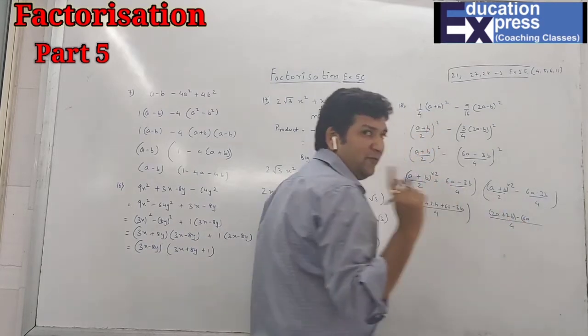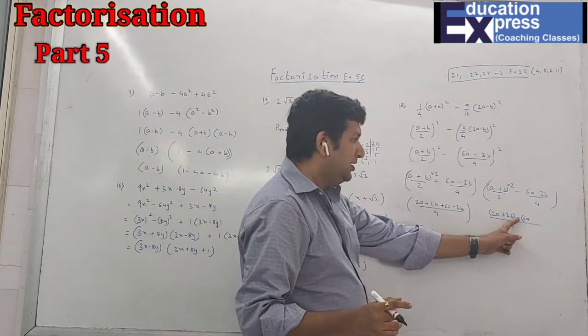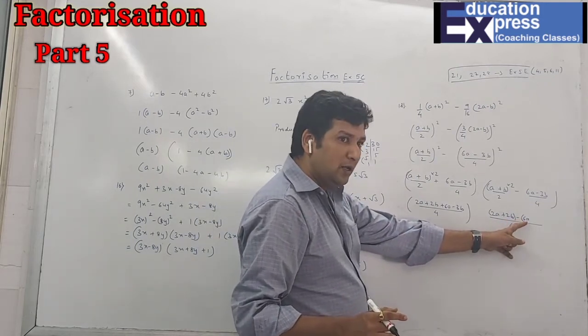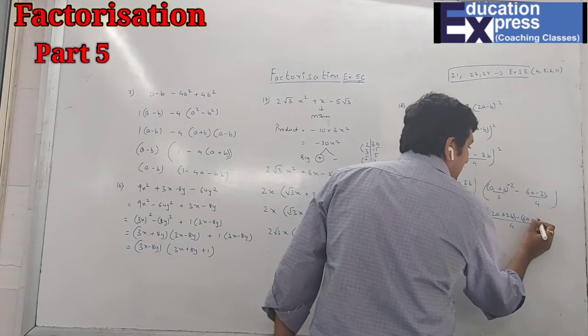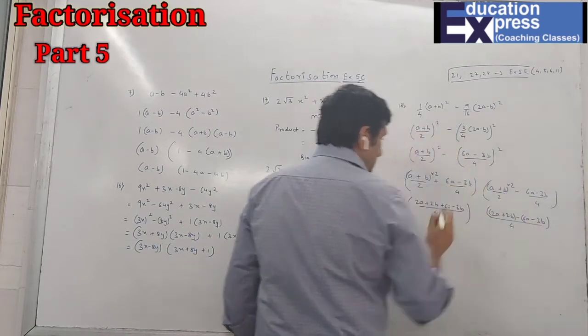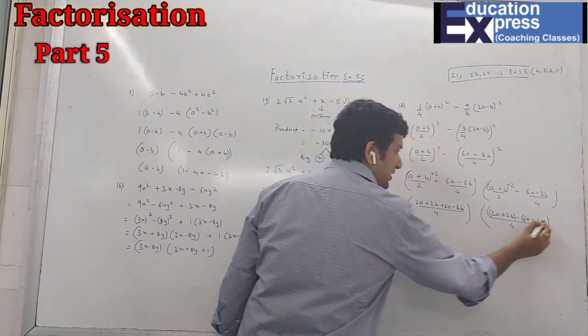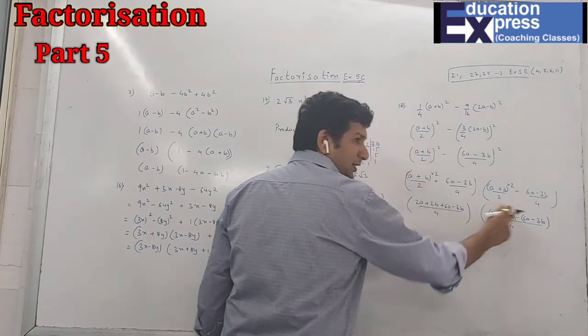Obviously, I have always told you whenever you write a negative sign and after the negative sign there is a binomial, you have to keep the brackets because signs will change. So now we can see the multiplication.